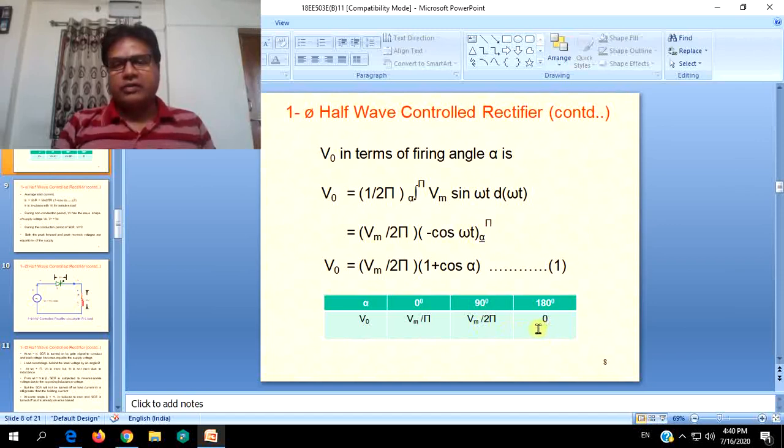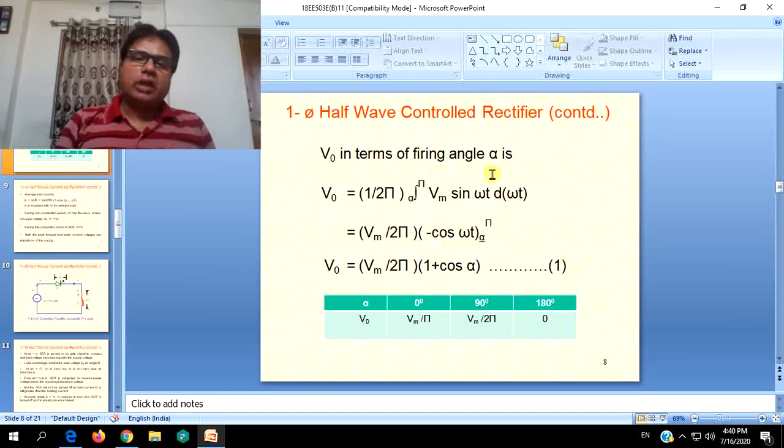And if alpha is 180 degrees, it means the total half cycle you are obstructing. The negative half cycle is also obstructed, cos 180 becomes minus 1. The total thing becomes 0. The average load voltage you will be getting is 0.